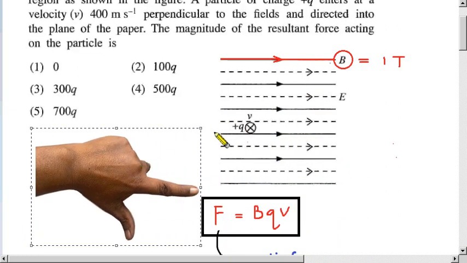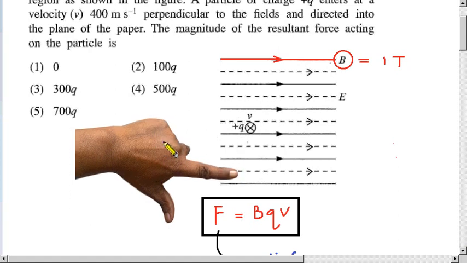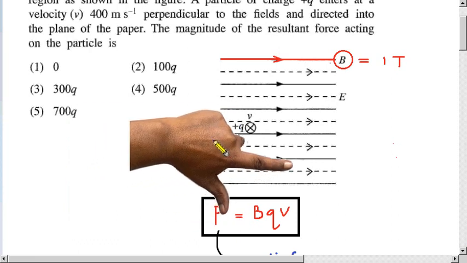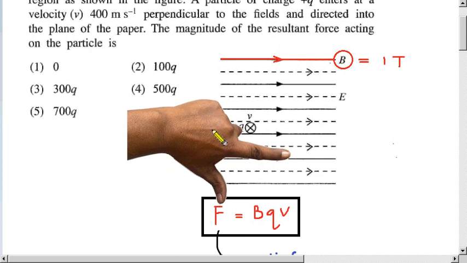They say the positively charged particle is moving into the paper, so the current is that way. Therefore the current is indicated by the middle finger. So we have to place the middle finger like this, so that it is directed into the paper.